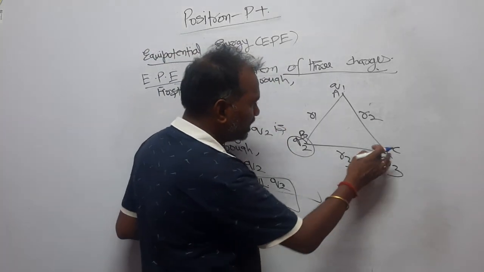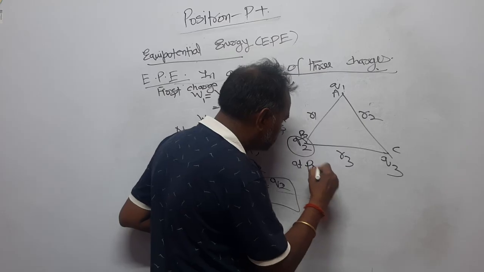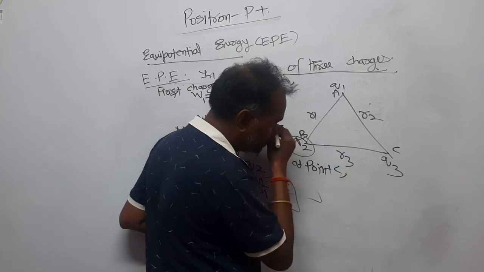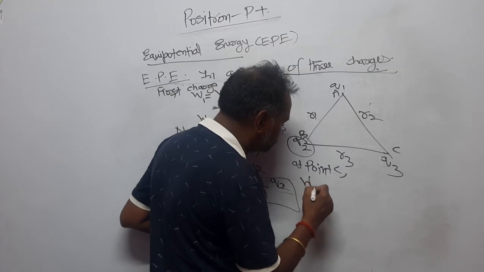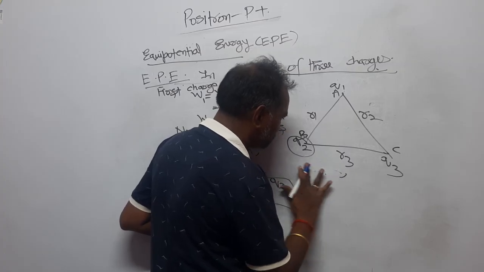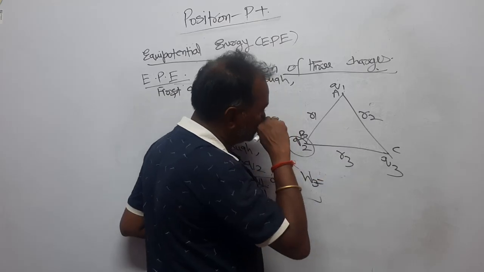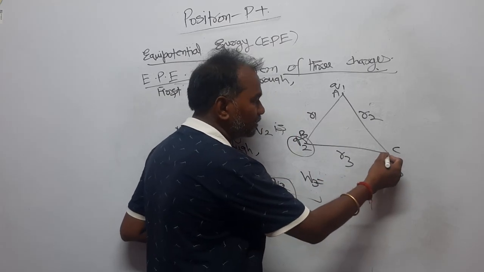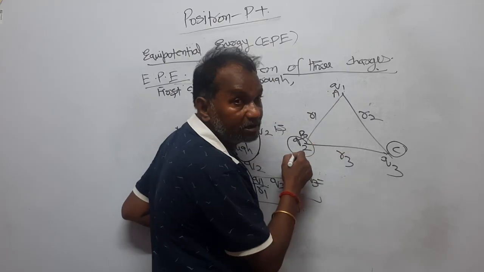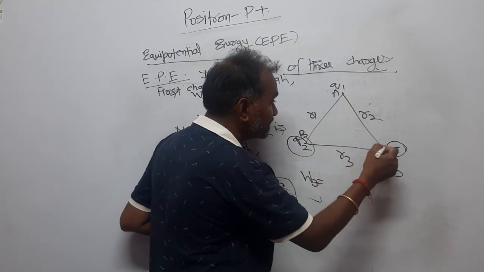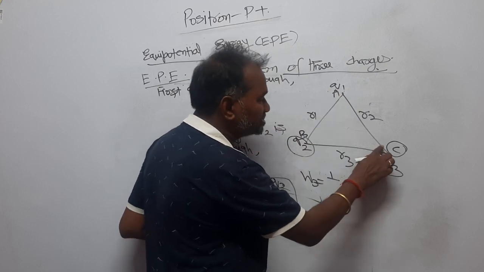Now dear student, at point C, W3 is the work done in bringing Q3. First, we have to find out the potential at C, because before Q3, Q1 and Q2 are already placed. So, potential at C due to Q1 is 1 upon 4 pi epsilon naught Q1 upon R2, because due to a positive charge, potential is positive.